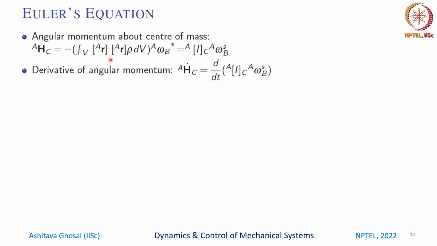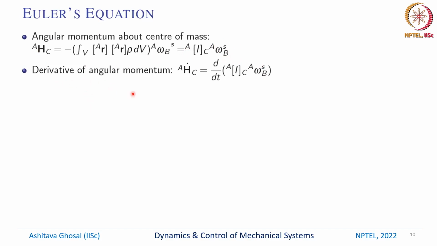If you go back and see the definition of the inertia matrix, this skew symmetric matrix squared into rho dV, a volume integral with a minus sign, is the inertia matrix about the center of mass in the reference coordinate system A, into A omega B. So the angular momentum is I into omega, which is what we have seen in undergraduate.